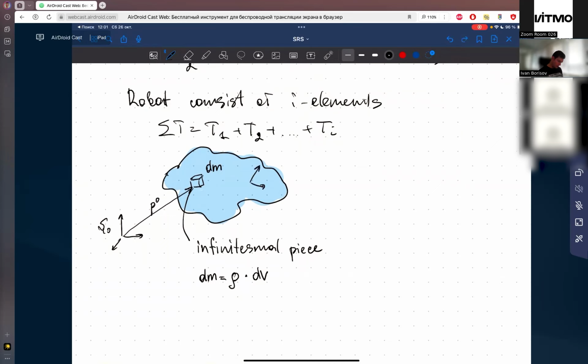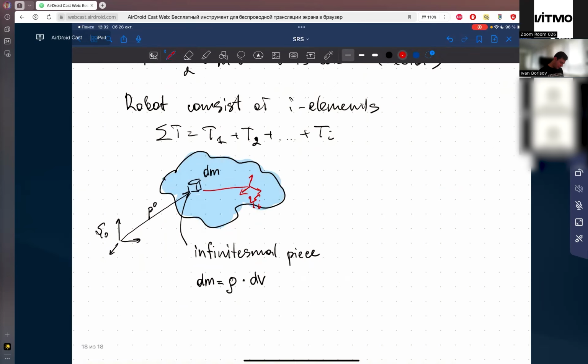Let me use a different color. So let's assume that it also has a frame, Psi. And in order to describe the position of this infinitesimal small piece of the body, we can use another position vector, P. And what kind of superscript should I use here?